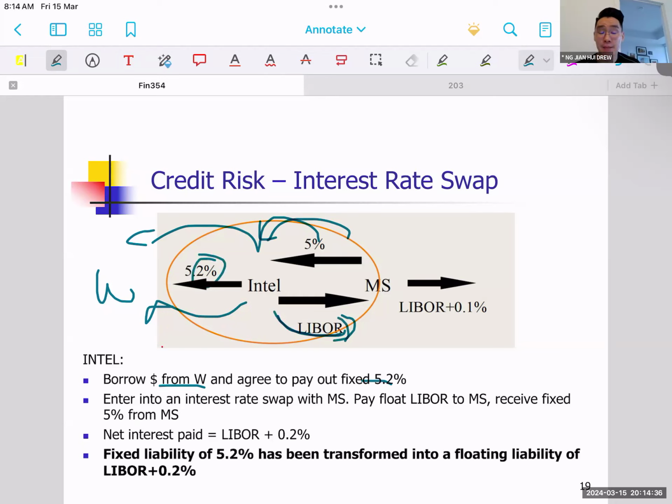This is the net amount that Intel has to pay because you have a 5% pass-through from Microsoft via Intel to W. And so what Intel has received is that now Intel is paying a floating rate and not a fixed rate.